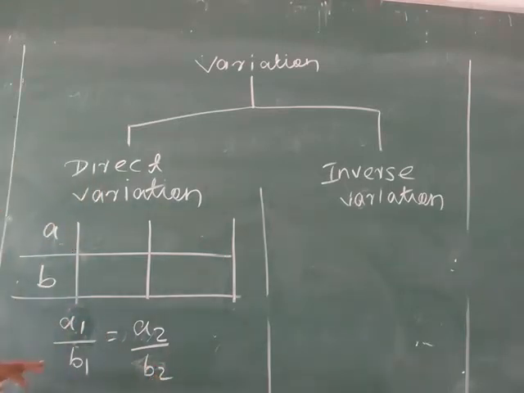That means if the ratios are constant, this is direct variation. In case of direct variation, ratios are constant.